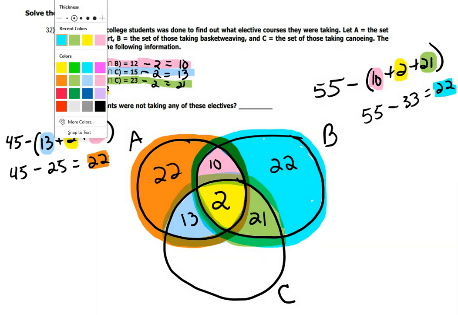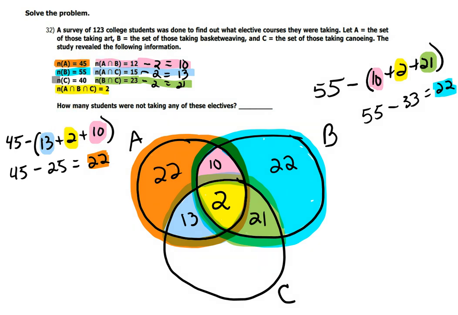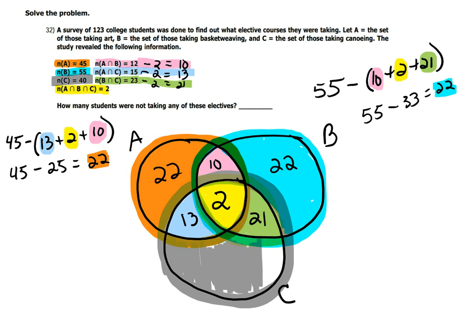And then I've got C, and circle C is right here. But I'm missing this piece, this chunk of C. Those 4 regions, the blue, the yellow, the green, and the gray, all make up 40. So I have to subtract out the 13 plus the 2 plus the 21.